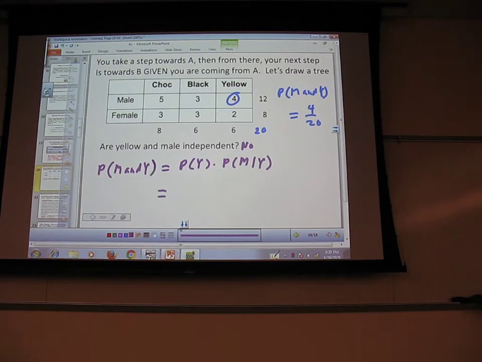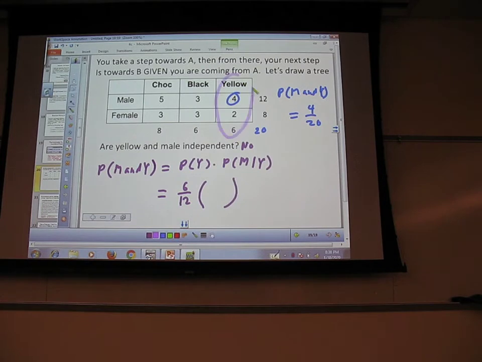What's the probability you pick a yellow puppy? 6. Yeah, there's 6 of them out of 20. What's the probability that they are male given it's a yellow puppy? So in other words, you know it's a yellow puppy. It's one of these 6. What's the probability you pick a male puppy? 4 out of 6. Everybody see that? Circle them. If you get a given, just circle that group. It'll make your life so much easier.